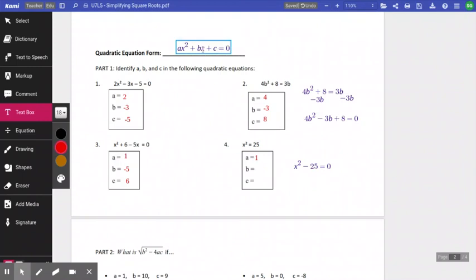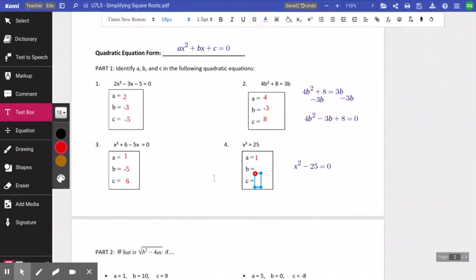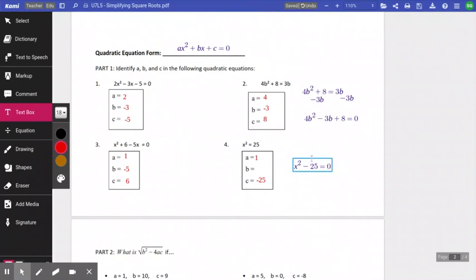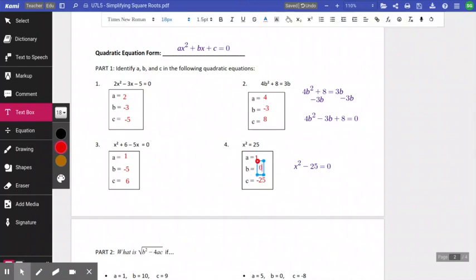Well, B is the number with x, and this one doesn't have an x. So that must be the C. What do you think B is? Well, if B is missing, there are 0 x's in the equation. That means B is 0, because literally there are 0 x's.